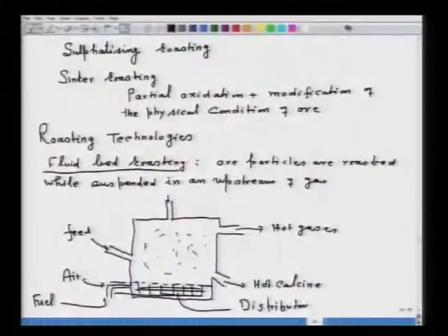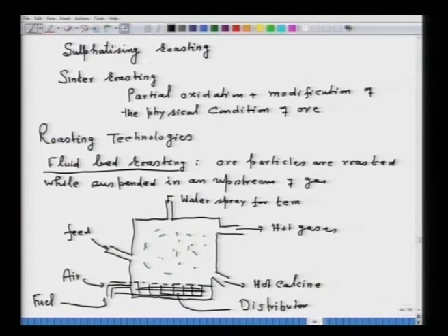Here sometimes the temperature goes very high, so there is a water spray for temperature control. This is one of the methods of fluid bed roasting.